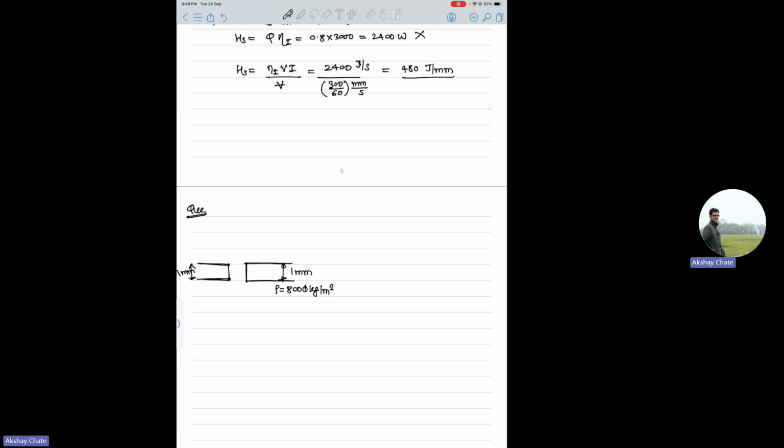And what is happening when they are welded? This gap, when it is welded, becomes like a circle, the weld gap after solidification, of diameter 5 mm.